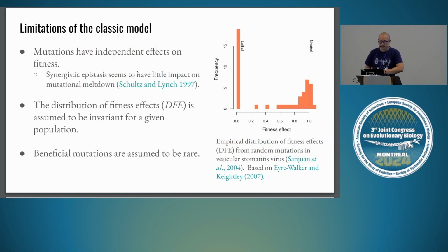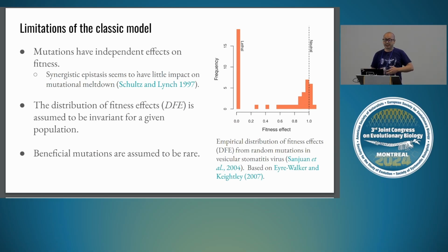So, of course, there are some limitations to this model. We're assuming that all mutations are operating independently, so they're all having independent effects on fitness with no epistasis. The point has been made that if you do have some epistasis, like synergistic epistasis, that does not have a real substantial impact on the time to extinction, like the mean time to extinction.